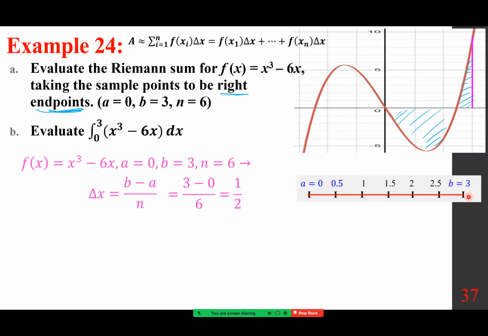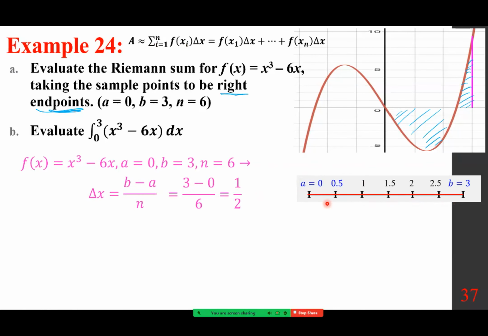So we want all of those, which means I want R sub 6 using this formula. Delta x is fixed as 1 over 2, and then the height would be f of 0.5, f of 1, f of 1.5, f of 2, f of 2.5, f of 3. We don't have the first one because we are using the right endpoint.